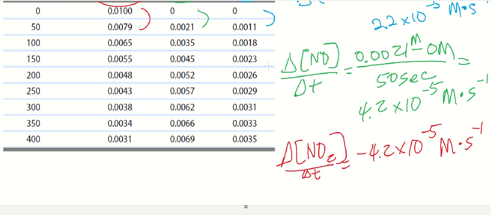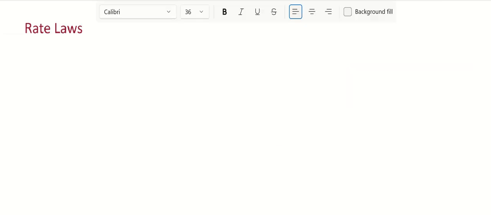So now we're going to take this and show you how to calculate or write rate laws. All right, so let's go over how to write rate laws. Important things to know is that rate laws are determined experimentally.